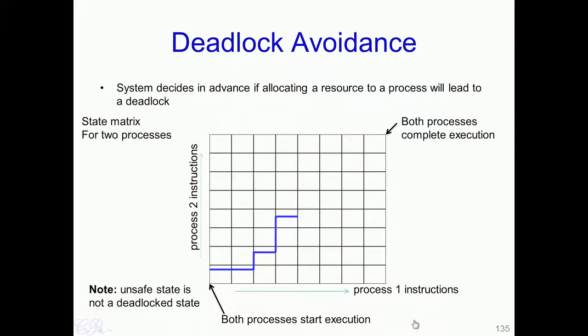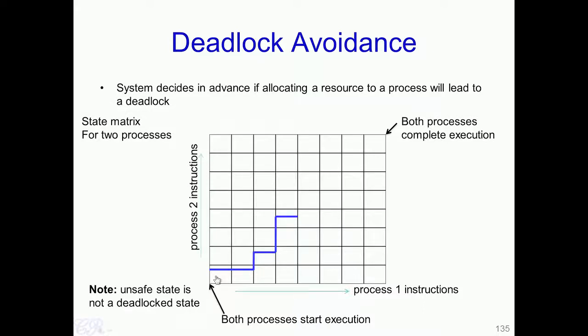So, both are with respect to time. Thus, process 1 and process 2 begin to execute from the origin, that is this point over here, and they complete execution at the other end, that is the point over here.